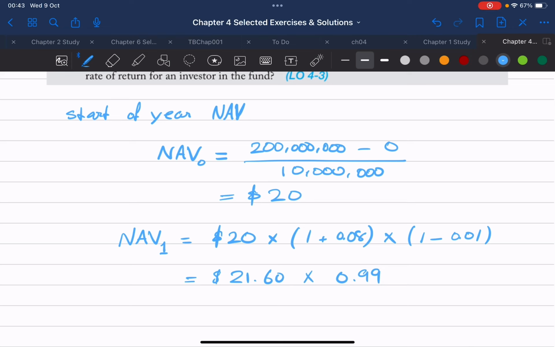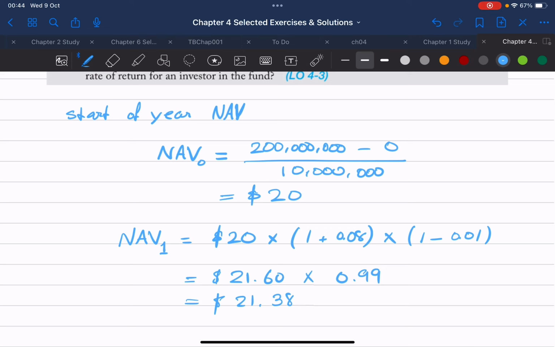That would equal 21.384. It's a dollar amount, so I'm going to drop the last decimal place. We'll round it to $21.38.